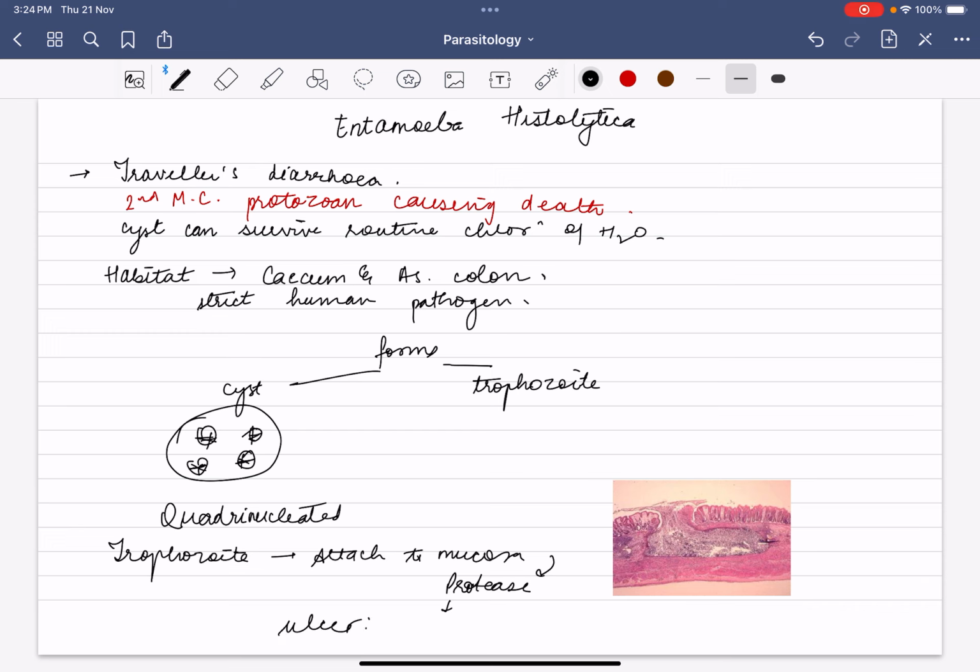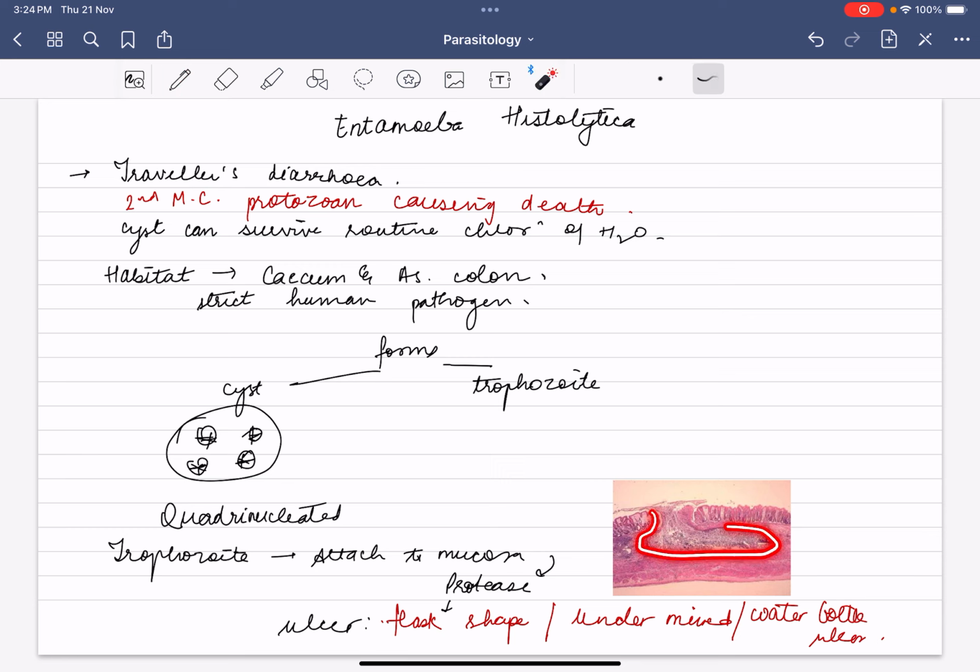Now this ulcer is called either a flask-shaped ulcer, or an undermined ulcer, or a water bottle ulcer. You can see the shape here very easily in the diagram, and it's a very important diagram.